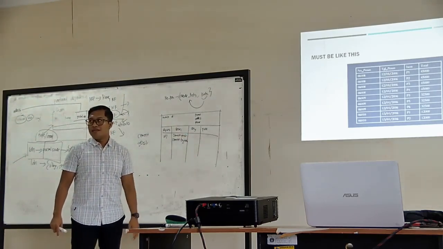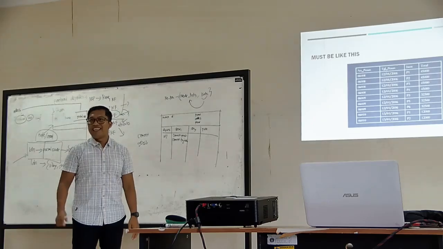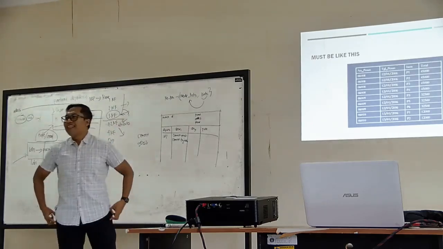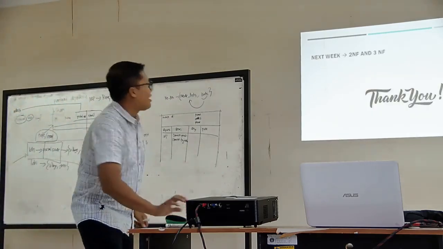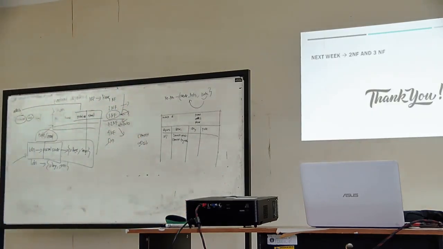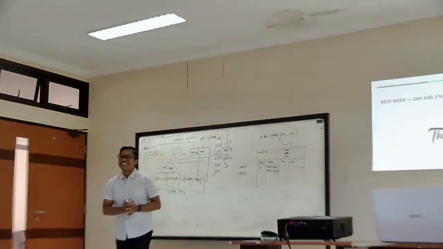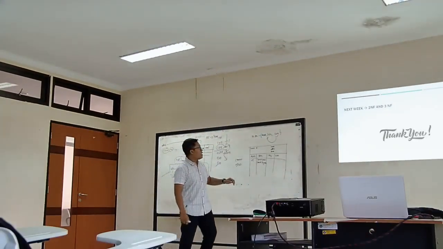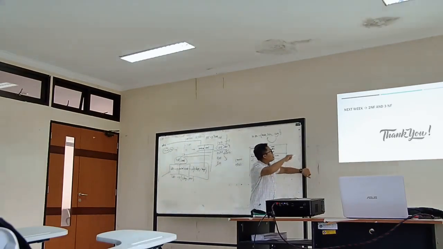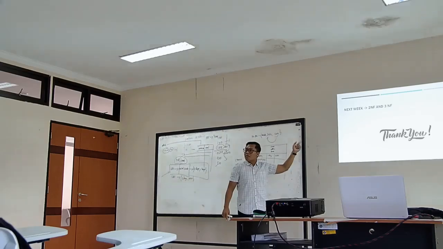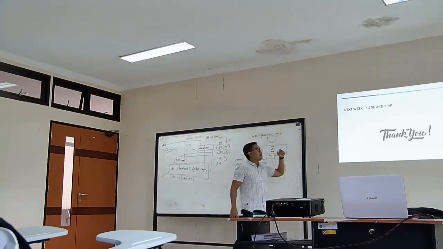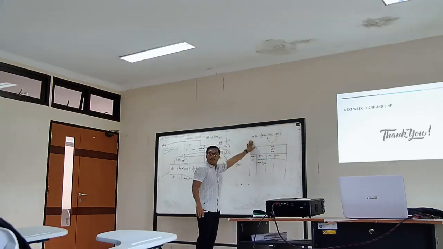Okay. I think that's all my material. Okay, maybe any questions? So many questions in my head. Okay, that's no problem. Because next week we need to discuss third normal form, which is more complicated, because we need to find the correct functional dependency.